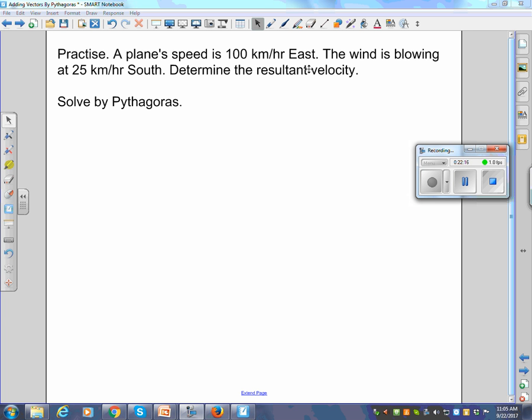From a step-by-step standpoint, it has no effect whatsoever on the steps. It's still the same way. So we've got 100 kilometers an hour east and then south. So we've got 100 and then we've got south 25. It has no effect. The result is there.